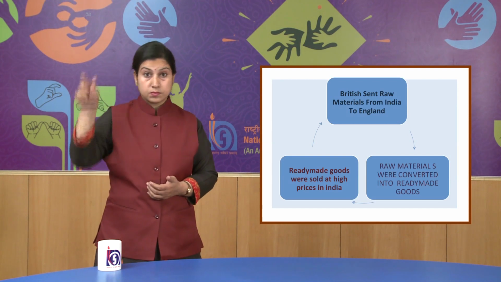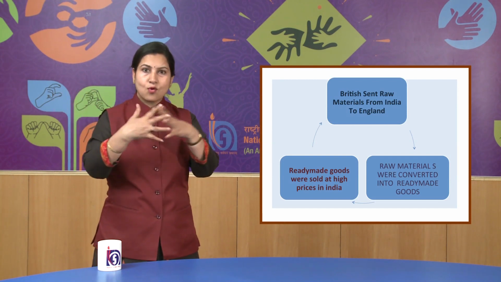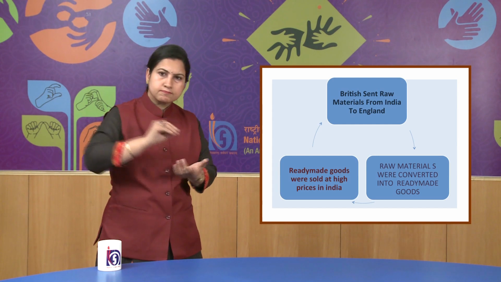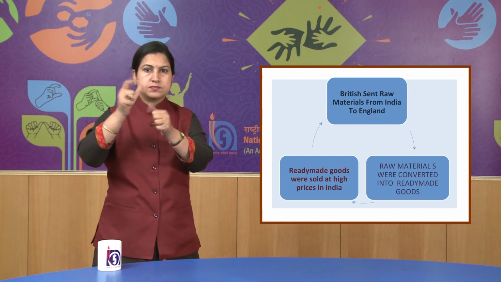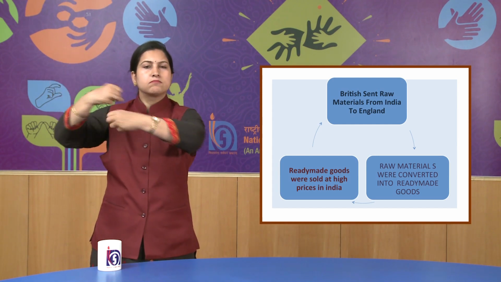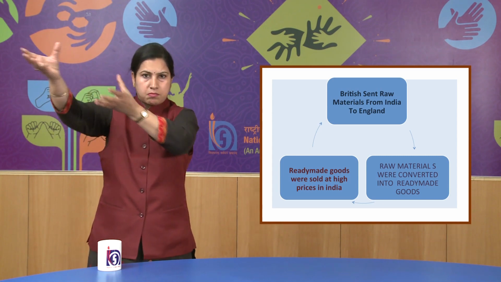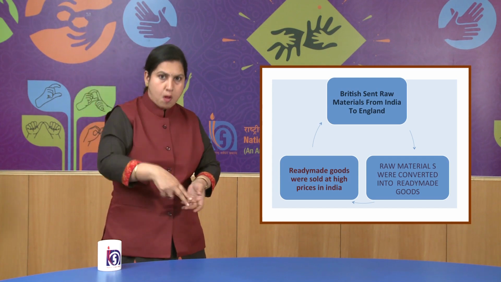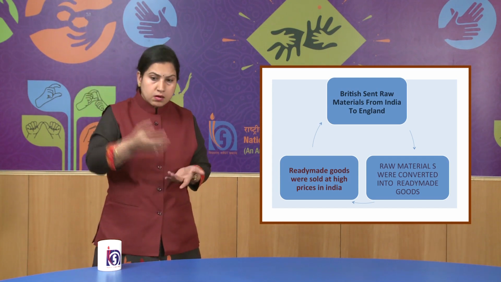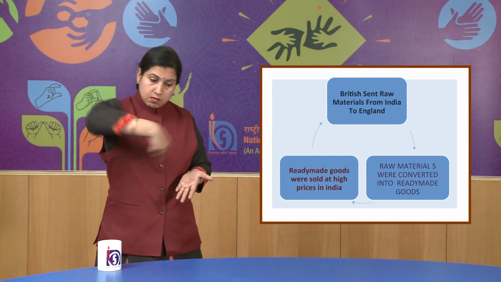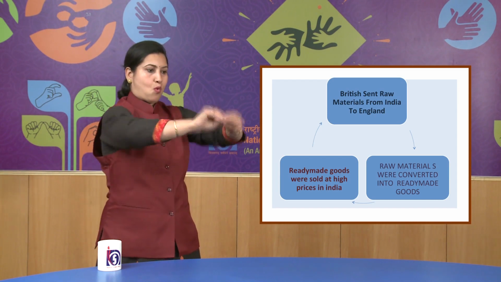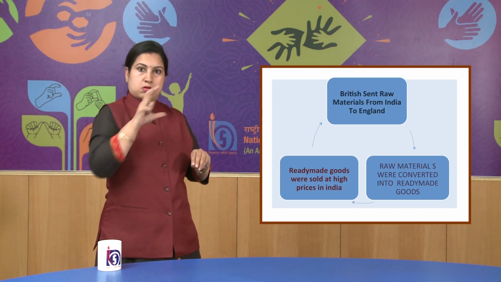The British would send raw material from India to England, where it was turned into ready made items. Those items were then sent back to India, where they were sold at high prices.